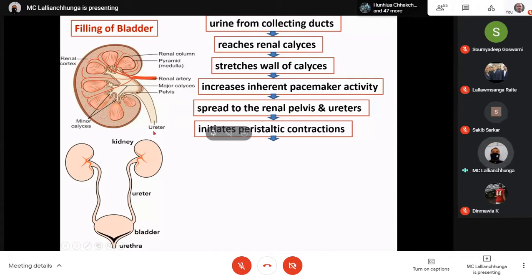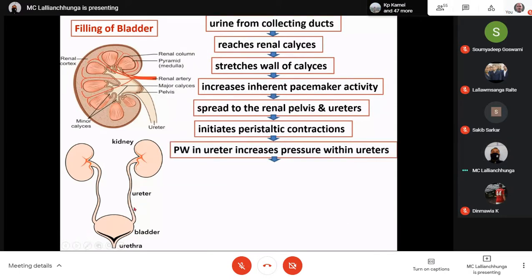It is a wave-like contraction. Okay, so contraction of smooth muscle. Okay, it will be wave-like, and it will move throughout the wall of the ureter, and it will reach the urinary bladder. Okay, so this peristaltic contraction is because of the contraction of the smooth muscle of the ureter.